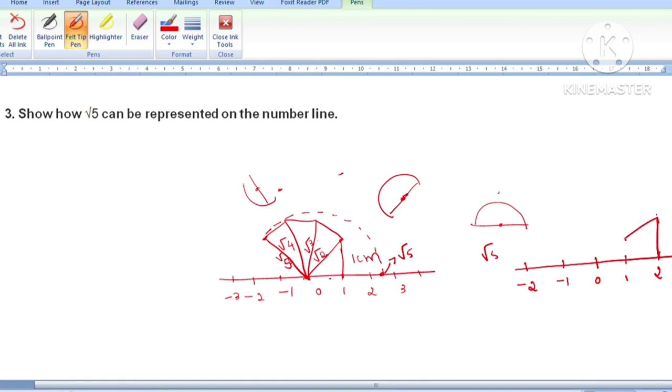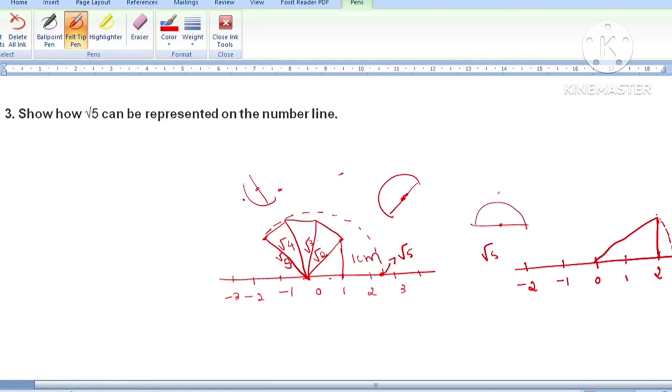Join that to 0. Then whichever diagonal you are getting, you have to take that measurement and draw the diagonal here. So this is the value of root 5.